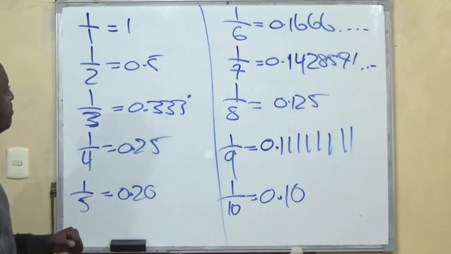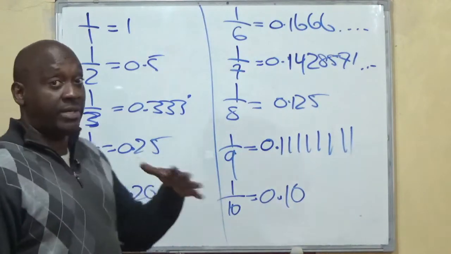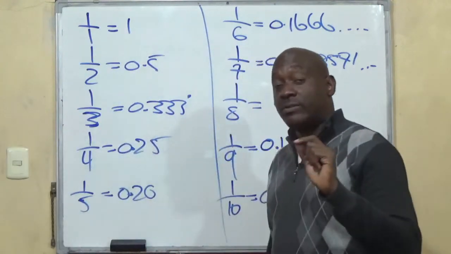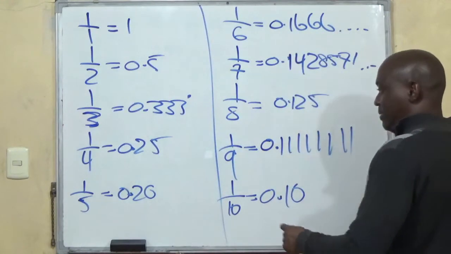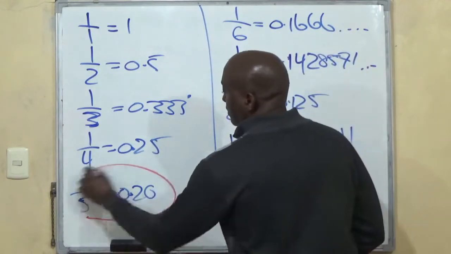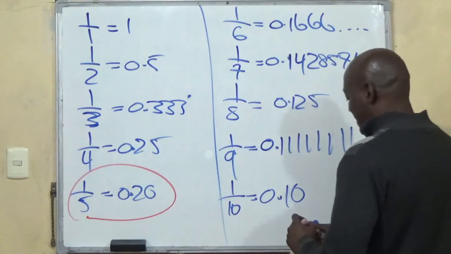So the pattern we had said was generally when you divide by an odd number, you have an irrational decimal. We also mentioned that if the denominator is 5, that is a notable exception. Look right there, finite decimal, 0.20.